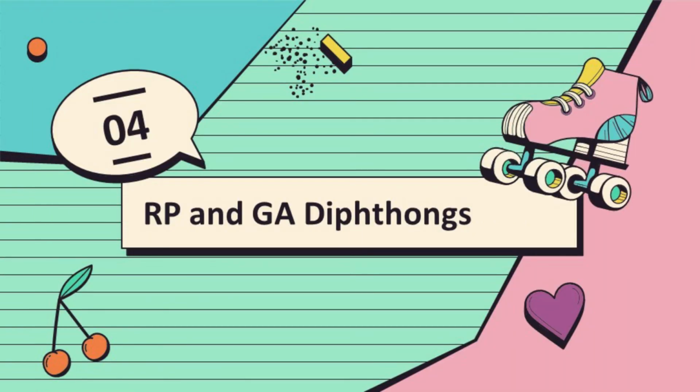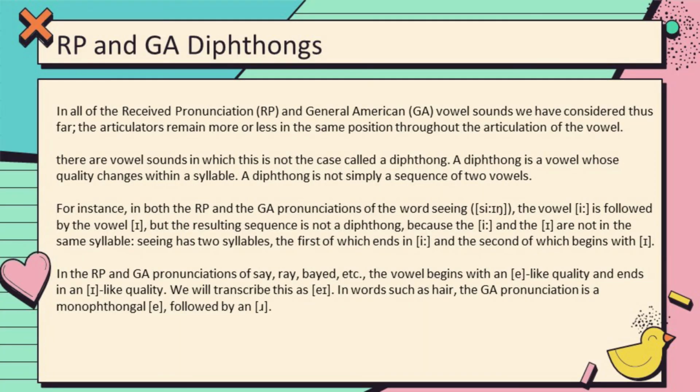RP and GA diphthongs. In all of the Received Pronunciation, or RP, and General American, or GA, vowel sounds we have considered thus far, the articulator remains more or less in the same position throughout the articulation of the vowel. There are vowel sounds in which this is not the case, called diphthongs. A diphthong is a vowel whose quality changes within a syllable.